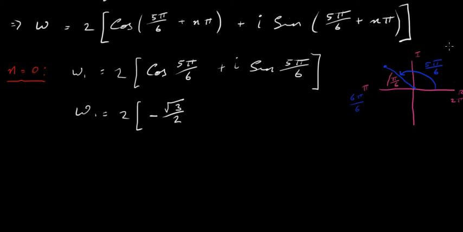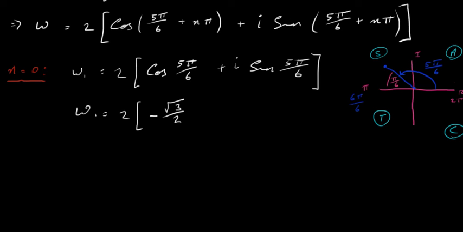Remember the rules: all are positive here, sine is positive in the second quadrant, tan is positive down here, and cos is positive in the fourth quadrant. So the cos of 5 pi over 6 is going to be negative. Okay, so that's our answer here.